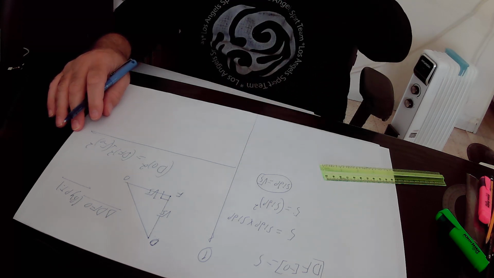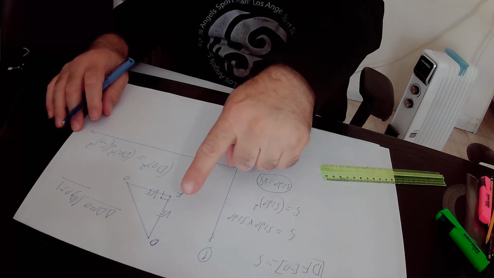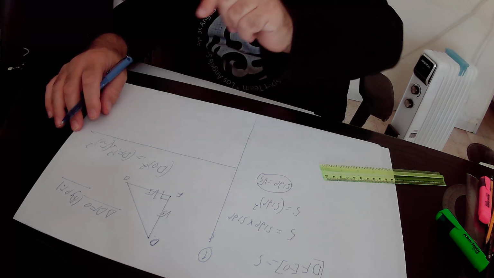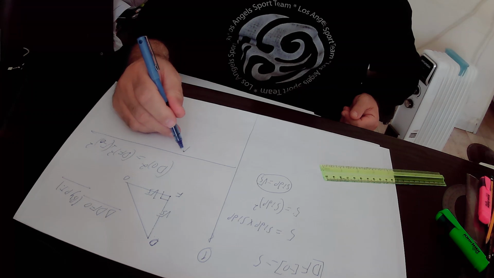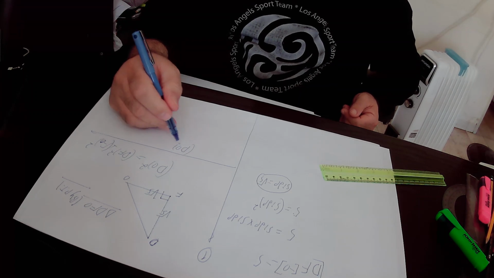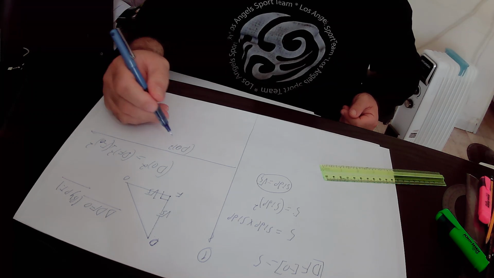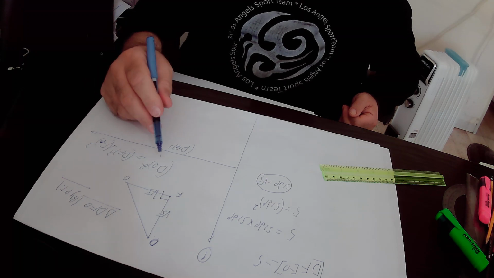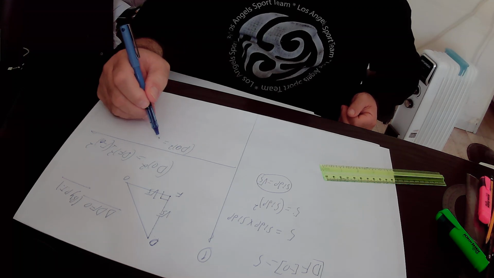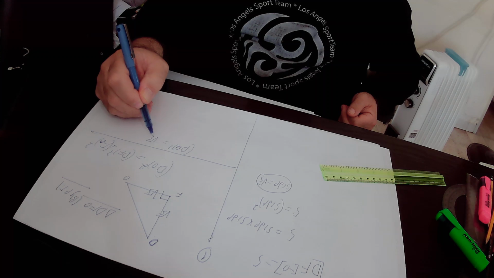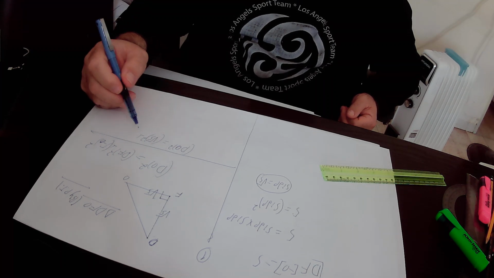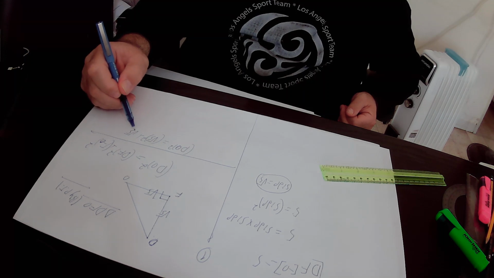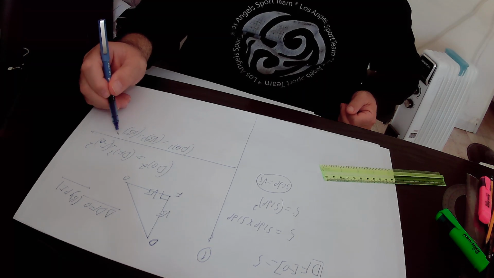Again, according to the Pythagoras theorem, DO square equals DF square plus FO square. So DO square, the square of the hypotenuse, equals DF square. DF equals the square root of 5, therefore DF square equals the square root of 5 squared, plus FO square. FO also equals the square root of 5, therefore FO square equals the square root of 5 squared.